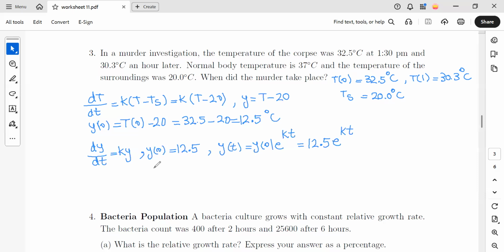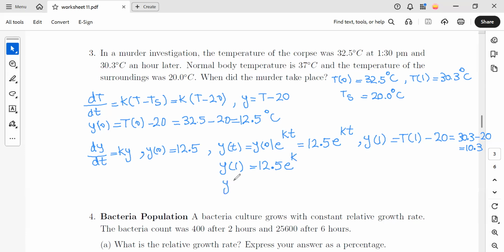Also, based on the question, we know that y of 1 will be T of 1 minus 20, which is 30.3 minus 20 equals 10.3 here. So we would use this in the formula. If you find y of 1, you would get 12.5 e to the power 1 multiplied by k.